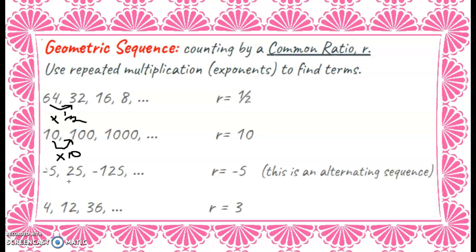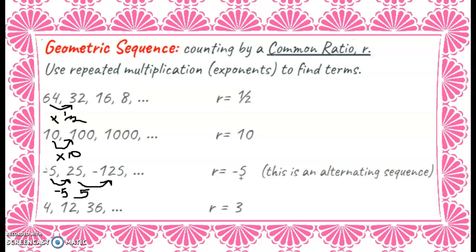Negative 5, 25, negative 125. Well, we know that we're multiplying by negative 5. We'll multiply this one by positive 5. Notice that the sign changes, it alternates.